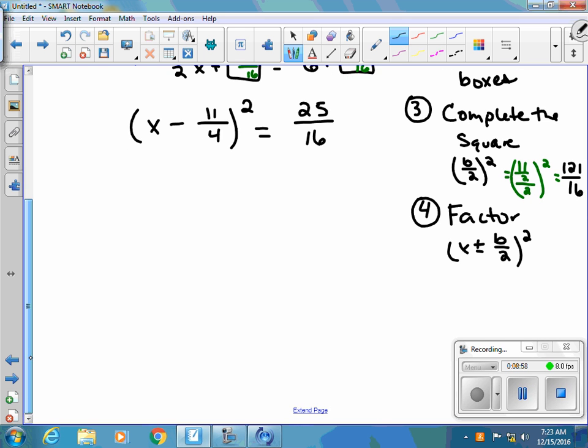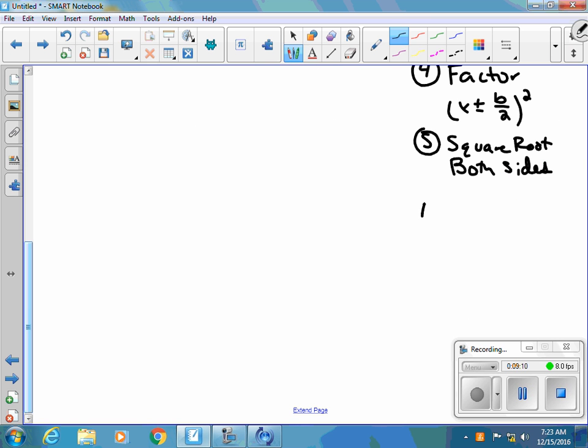Step 5 here, square root both sides. Step 6, we'll just write it down already, split to solve.